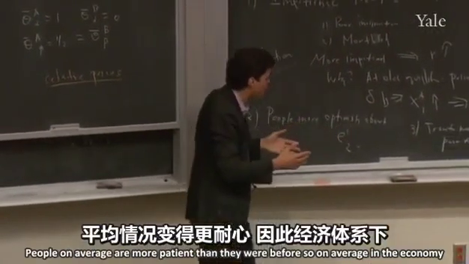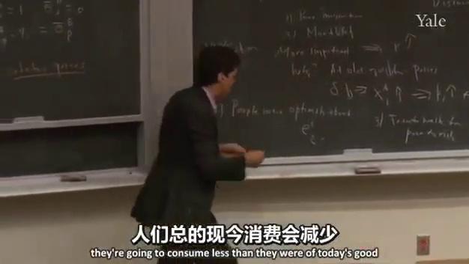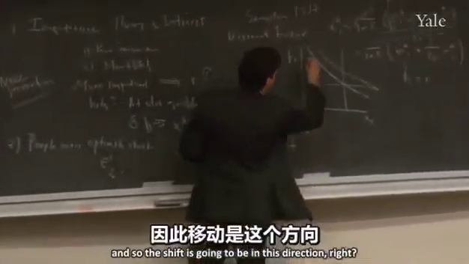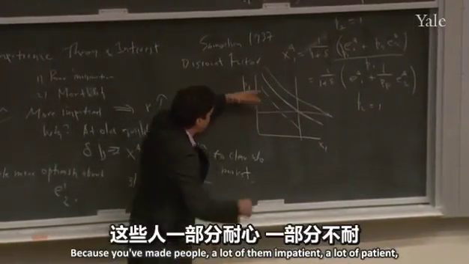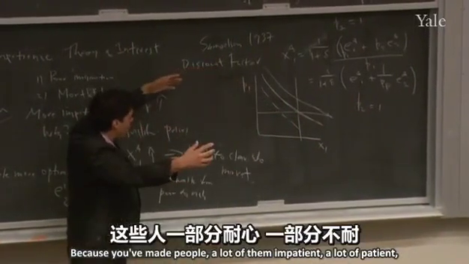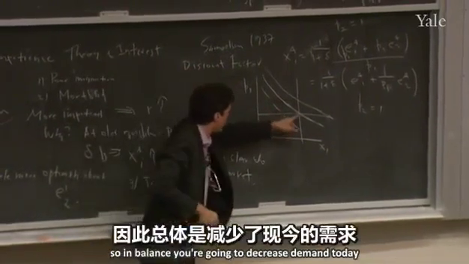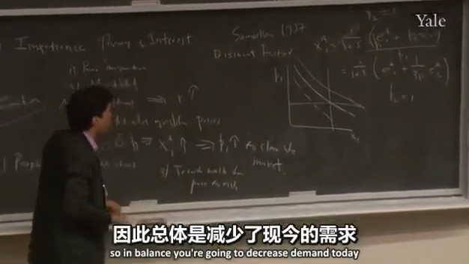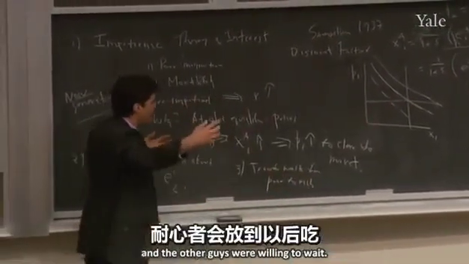People on average are more patient than they were before, so on average in the economy they're going to consume less of today's goods, and so the shift is going to be in this direction. You've increased the patient ones and decreased the impatient ones, so in balance you're going to decrease demand today, because it was the impatient ones who wanted to eat today, and the other guys were willing to wait.